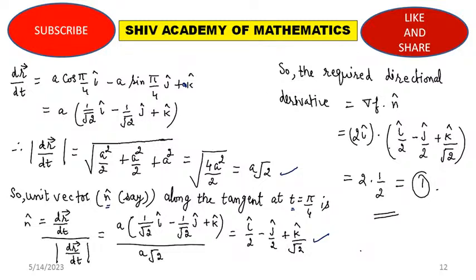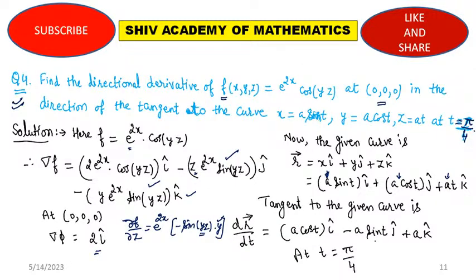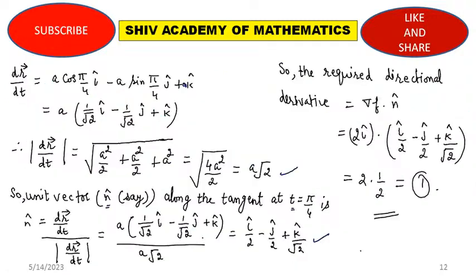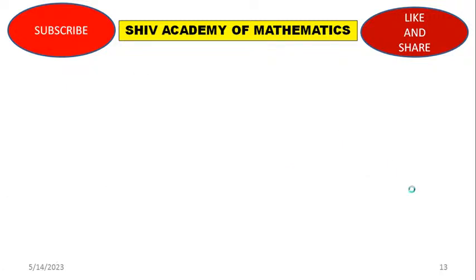Del f was 2 i cap, so del f dot n cap is 2 i cap dot i by 2 minus j by 2 plus k by root 2. Again i dot j and i dot k are 0, so it is 2 into 1 by 2, that is 1. So this is the final answer.